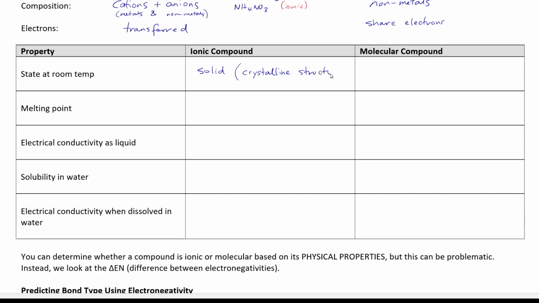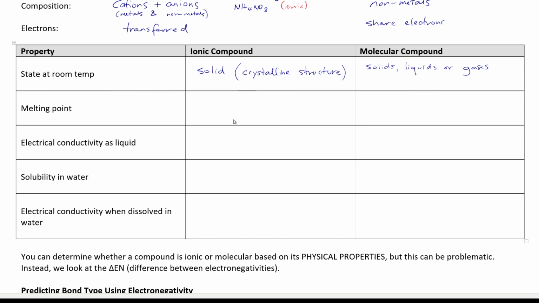So ionic compounds have crystalline structures at room temperature. At room temperature, molecular compounds can be solids, they can be liquids, or gases. It just really depends on the molecular compound you're speaking of, because molecular compounds can have a variety of states at room temperature.